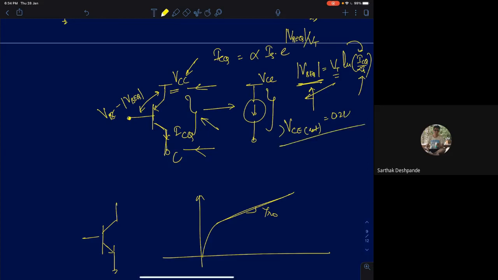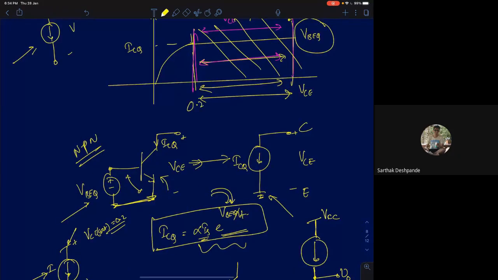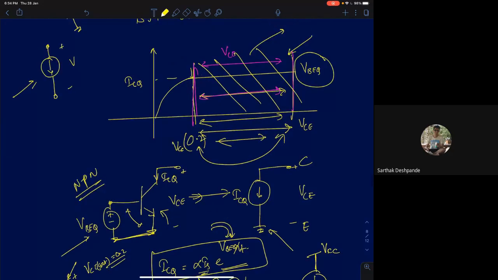And how am I saying that? I am just looking at the IV characteristics. So this is 0.2, VCE SAT. If your voltage is in this range, then the BJT is going to behave like a current source. What is the definition of a current source? Even though the voltage is changing, the current is constant.